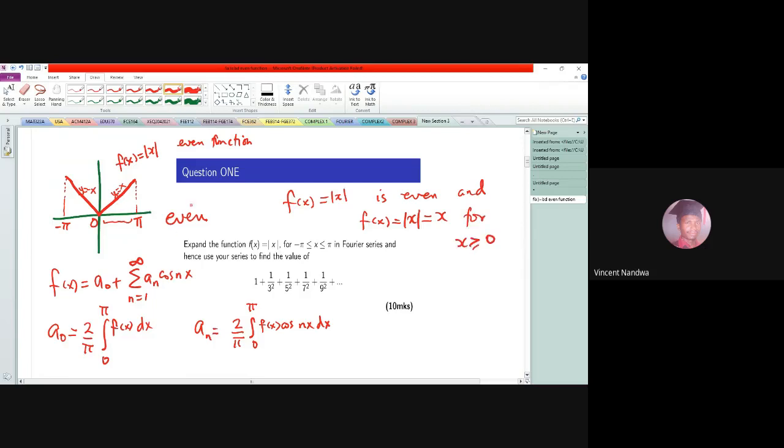So we are just going to pick this value which defines the positive part. Therefore, where f of x appears, we will put just x for this given piece.